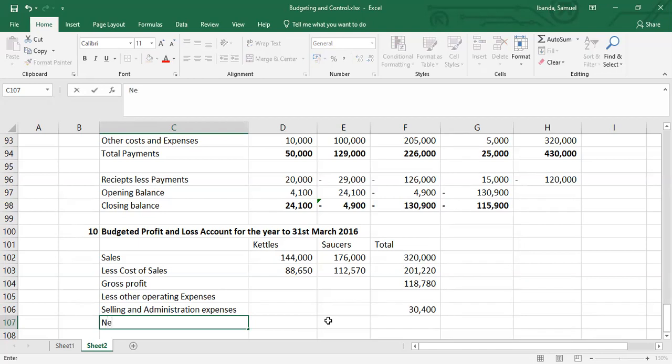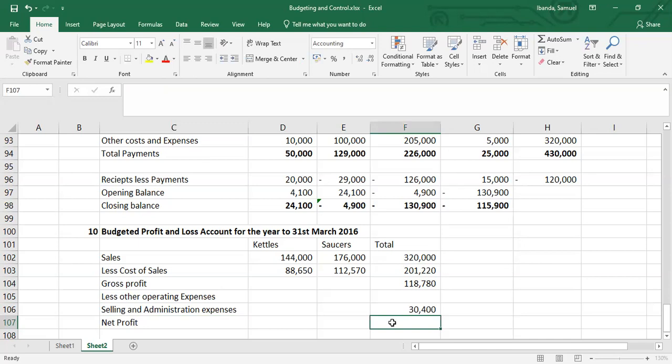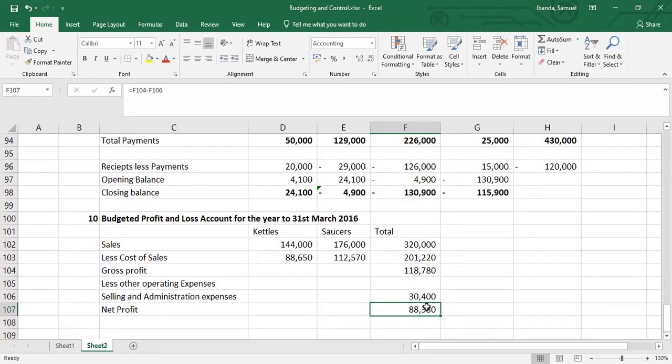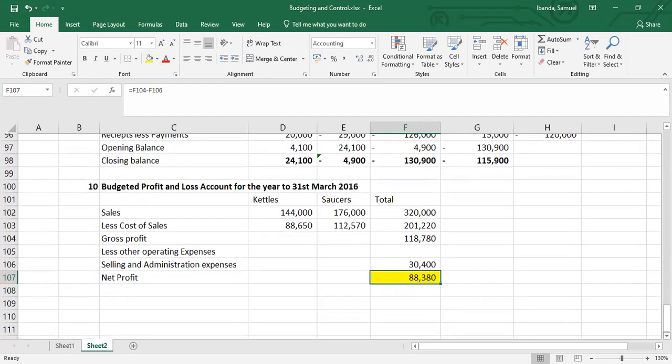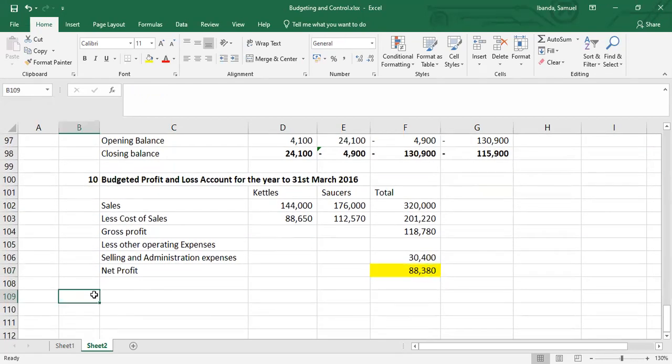That means this will give us our net profit, since the gross profit is higher than the other expenses. 118,780 minus that gives us 88,380. That is what we basically do have.